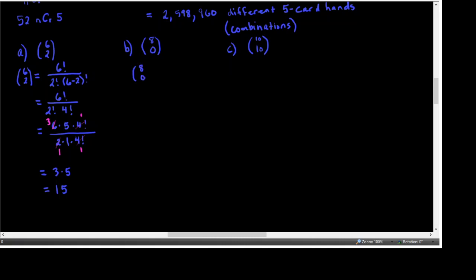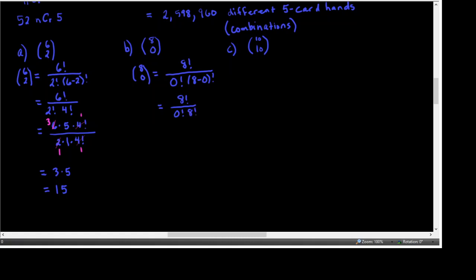Okay, hopefully you actually did pause the recording as I asked you to do, because this is something I would like for you to be able to do. So 8 choose 0 is going to be 8 factorial divided by 0 factorial times 8 minus 0 factorial. Which is 8 factorial over 0 factorial times 8 factorial.